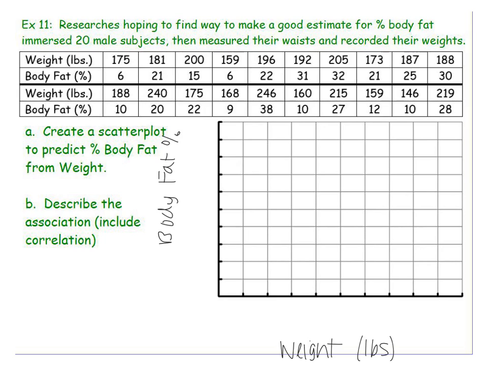So the first thing we have to do, as A says, is create your scatter plot. If we look through all of our weights, again, we're looking for the lowest and the highest. I'm seeing a high of 246 and a low of 146. So 246 minus 146 is 100.